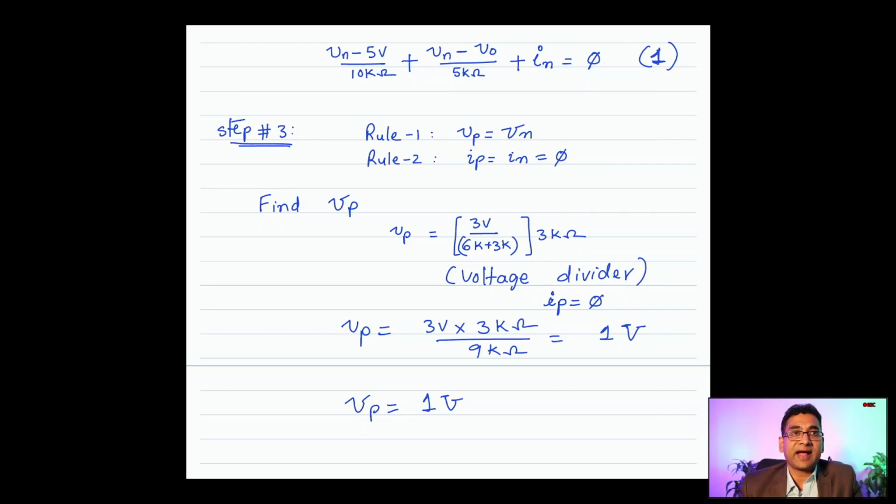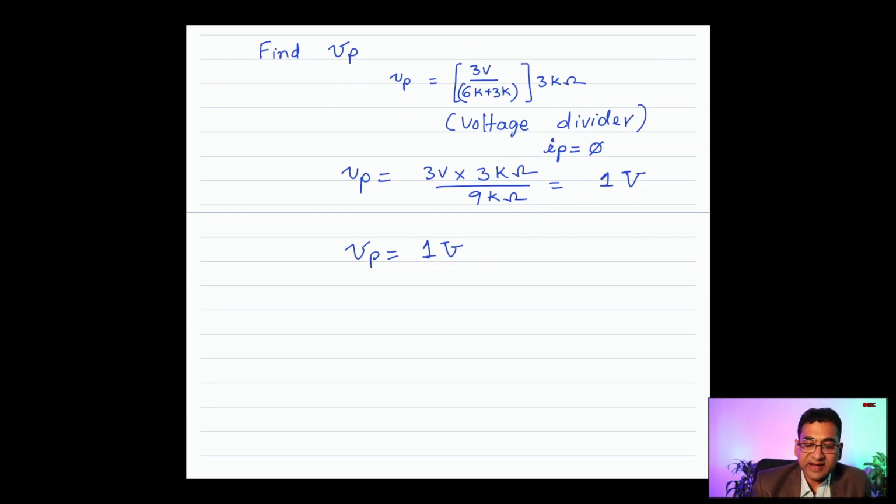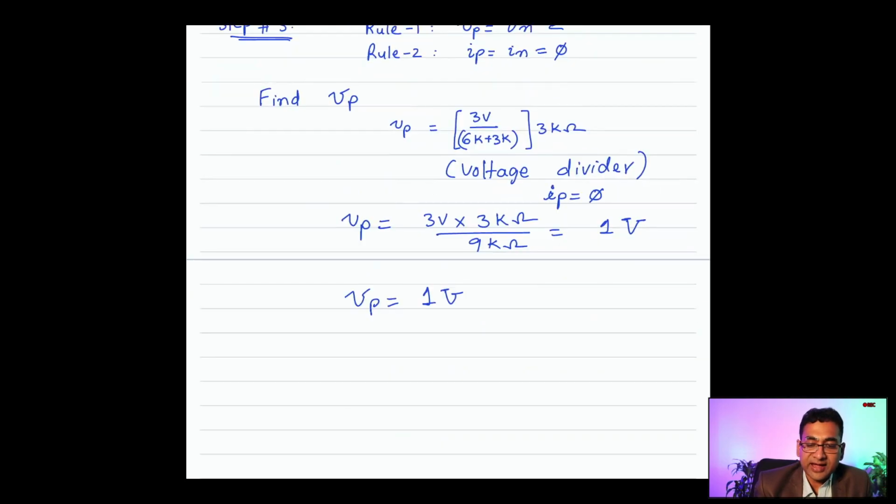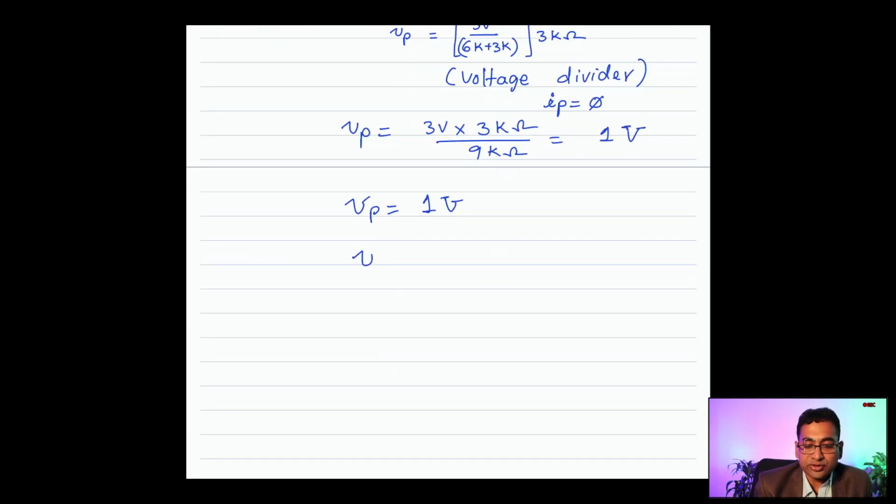Now we can go back to my rule 1. Vp equals Vn equals 1 volt. Very good. We have a value for Vn, and by applying rule 2 I have Ip equals In equals 0.